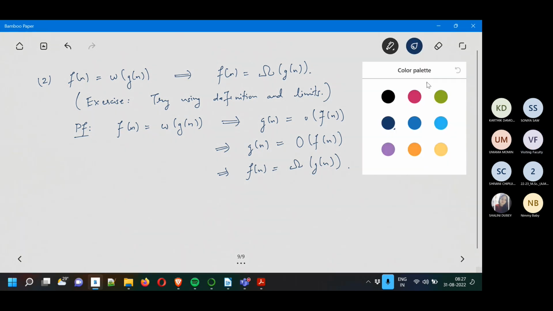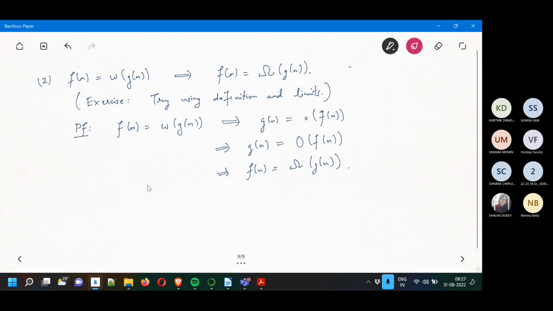Once again, converse is not true. Again, example comes from what we have seen before. Find a counter example. Counter example is already there in what we have seen so far. Just look at it.